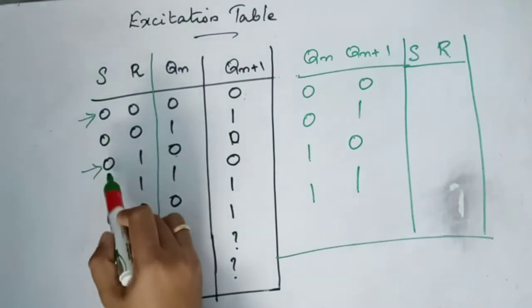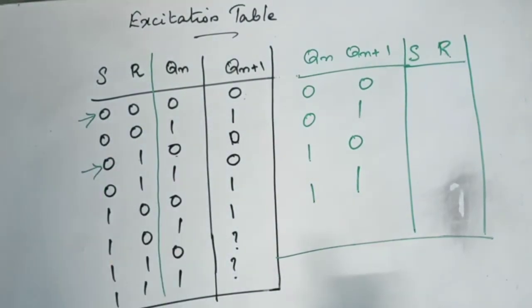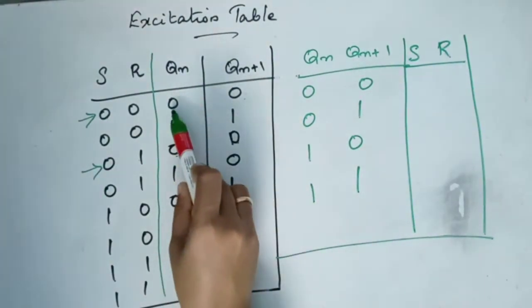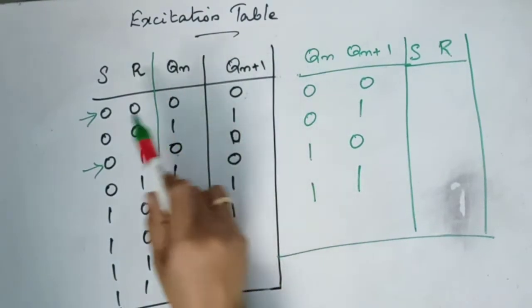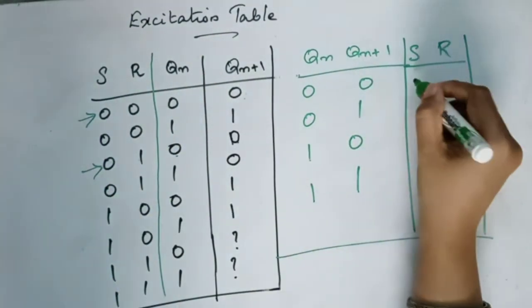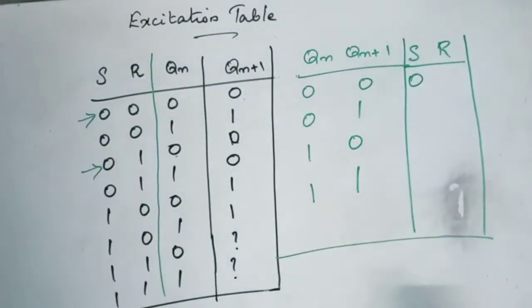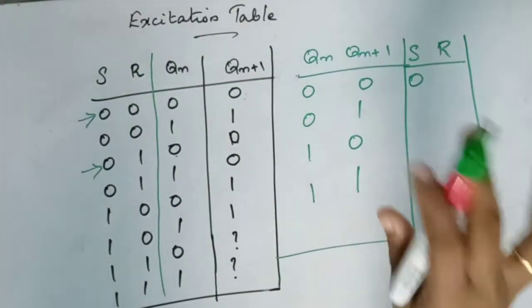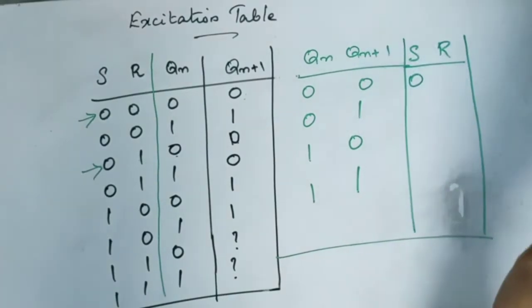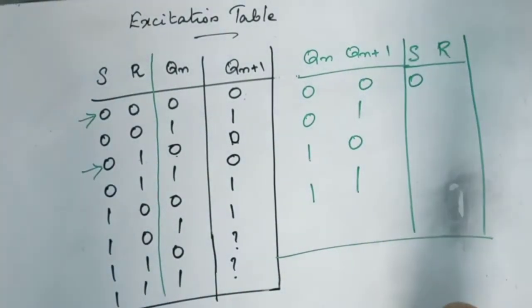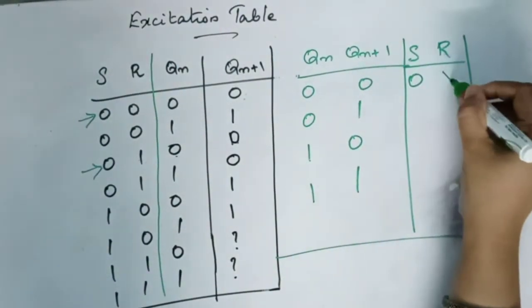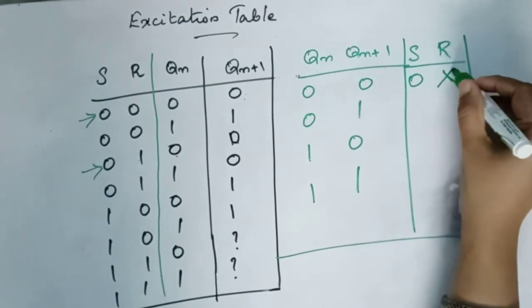So S is 0 in both cases. For Qn to be 0 and Qn plus 1 to be 0, S should be 0. R is 0 here and R is 1 here, so whatever it is, it doesn't matter. S should be 0, so R is don't care. We are not bothered about R.